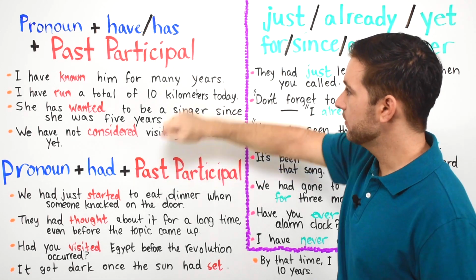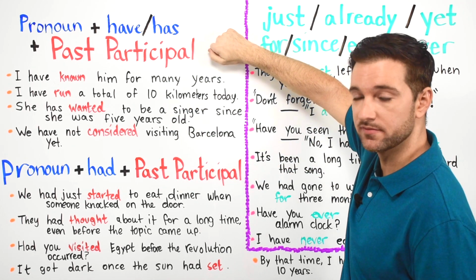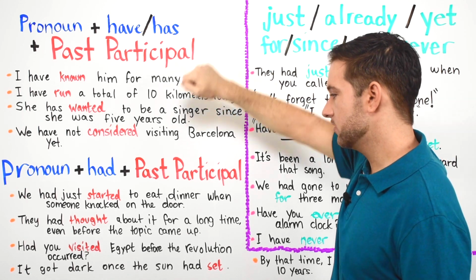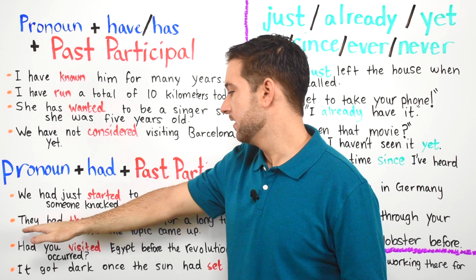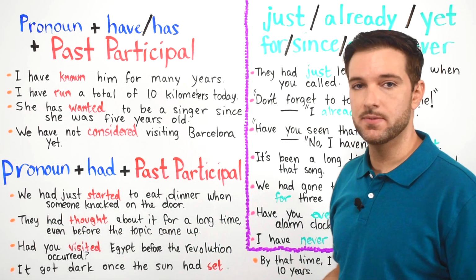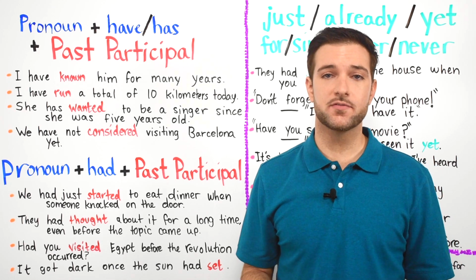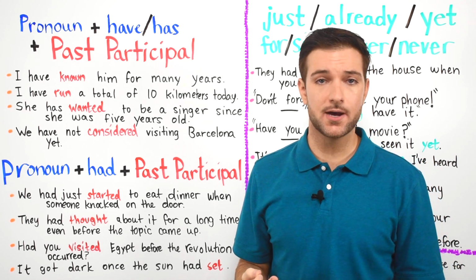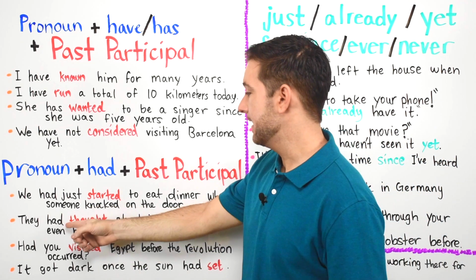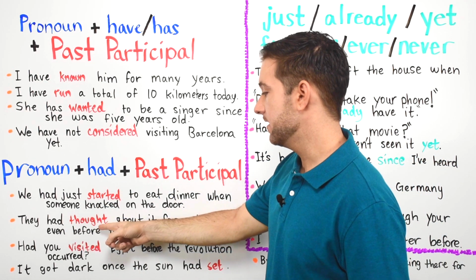To knock on the door is like when you go to a friend's house, you knock on their front door. We had just started to eat dinner when someone knocked on the door. They had thought about it for a long time, even before the topic came up. So in this one, they had thought.